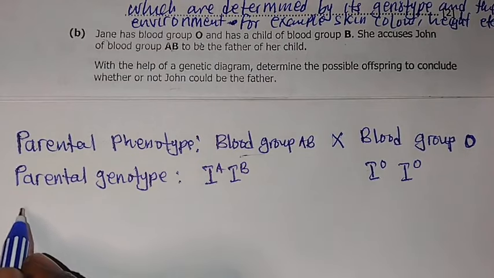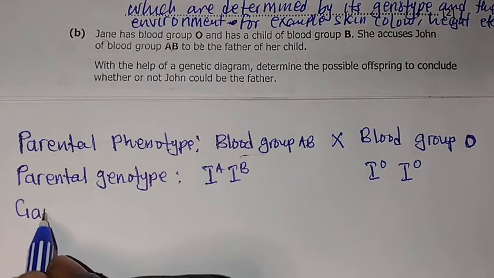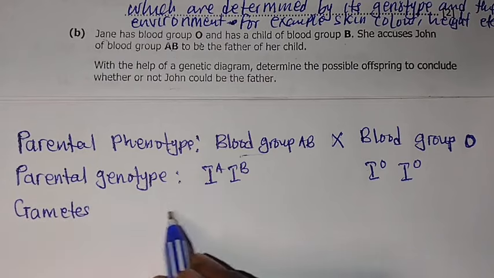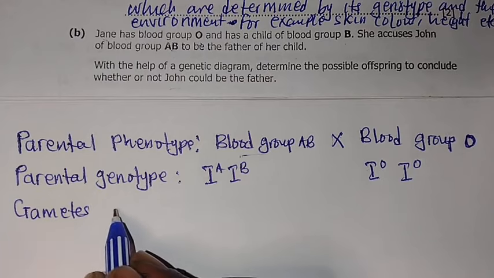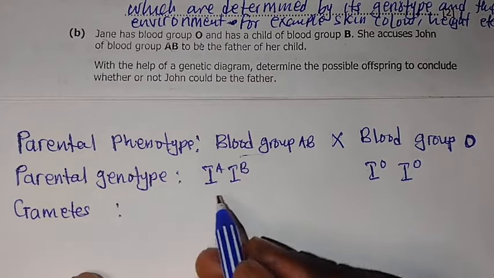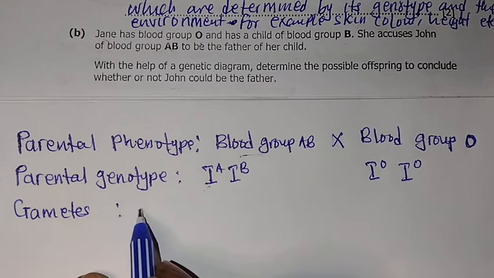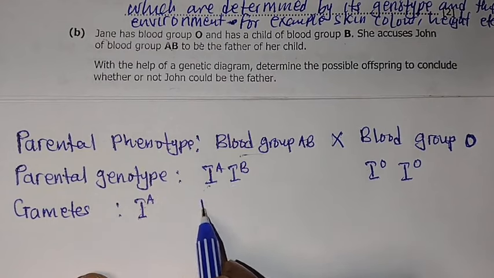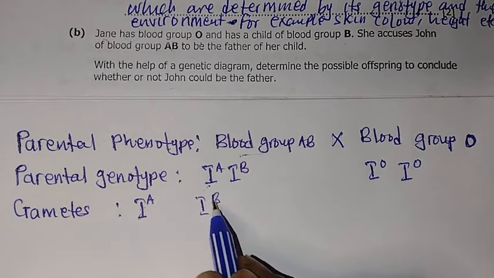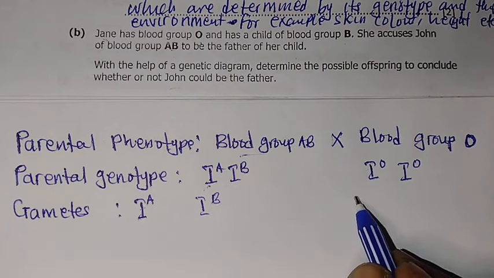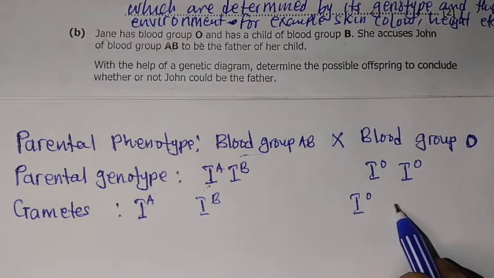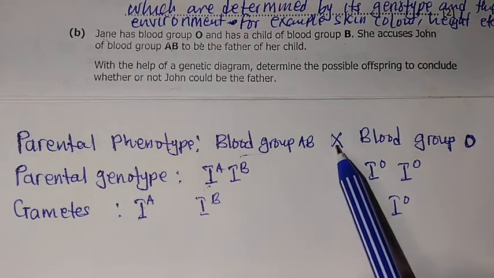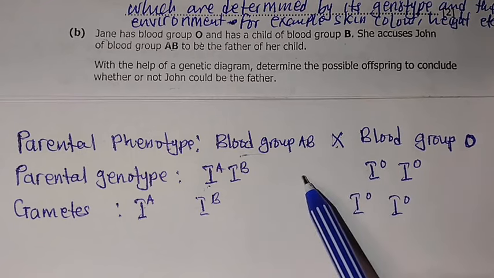Then after this, you are going to write gametes. Under the gametes, these are going to be separated. I'll write A and B, then O, again O. Make sure that you only put a cross right here, don't put a cross here.